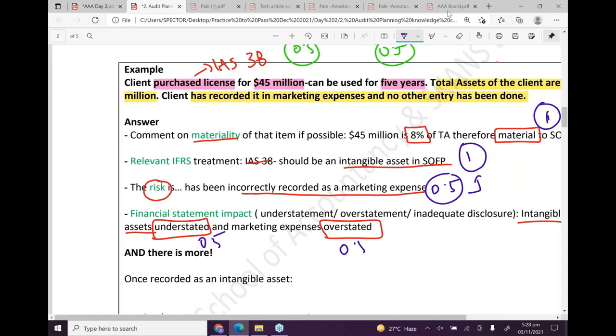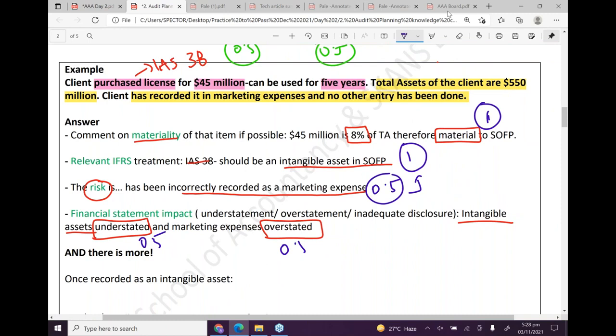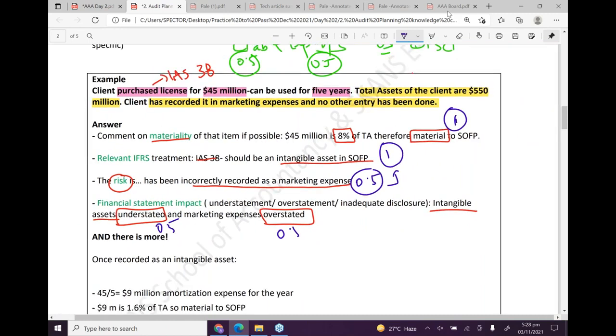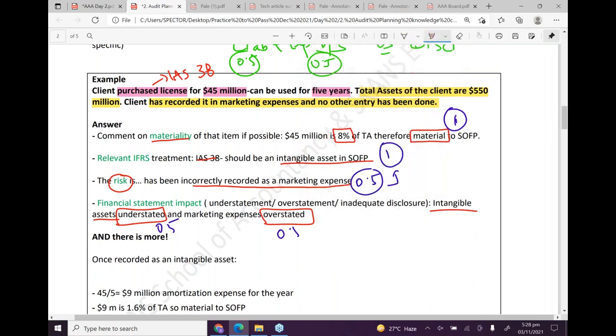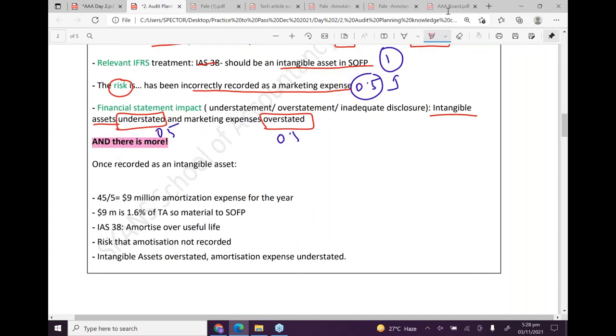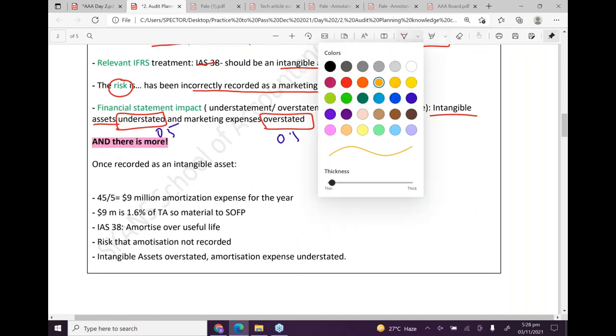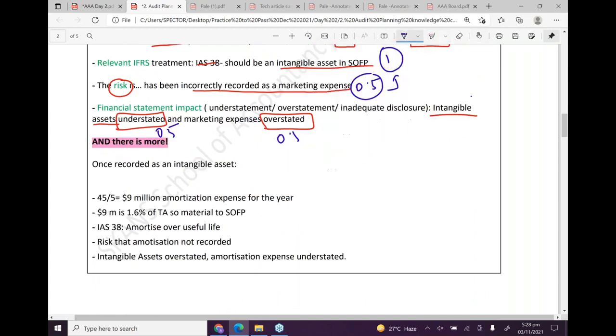I'm not done yet. As accountants, you should know your IAS 38, and remember, once I've made this my asset, I need to amortize it. So I get more marks for talking about the next stage. Once it is recorded as an intangible asset, you can calculate the amortization for me.